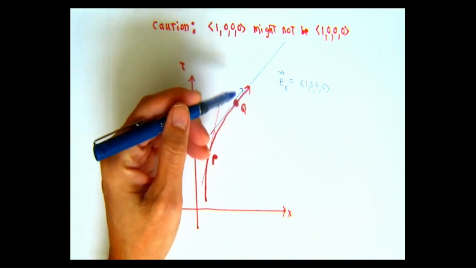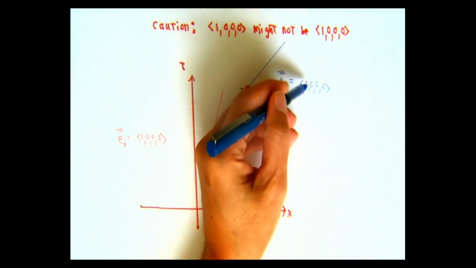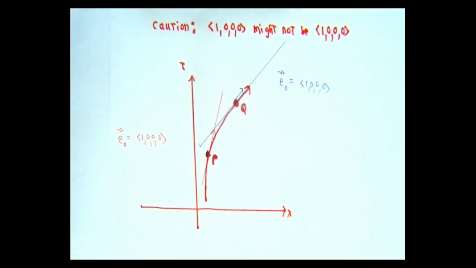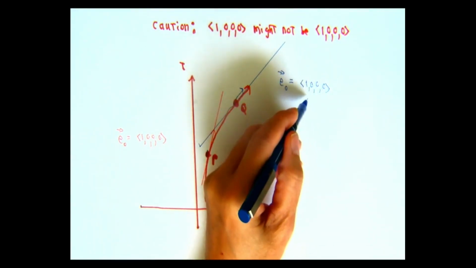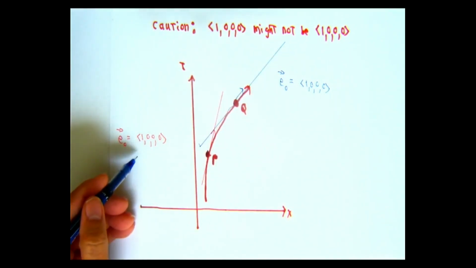Even so, in the momentarily co-moving reference frame at Q, the components of the time basis vector are 1, 0, 0, 0. But this 1, 0, 0, 0 and that 1, 0, 0, 0 are not the same.